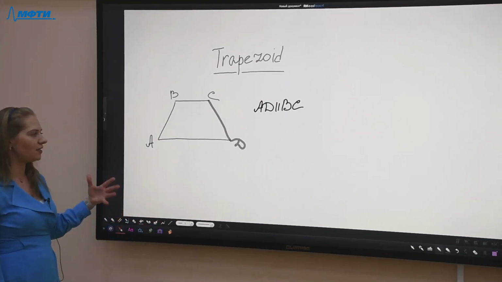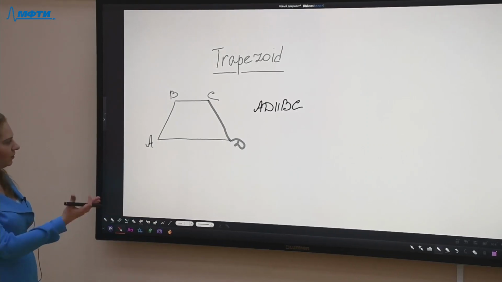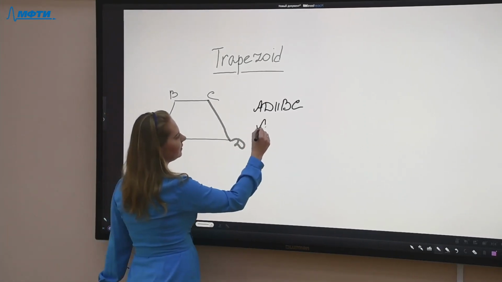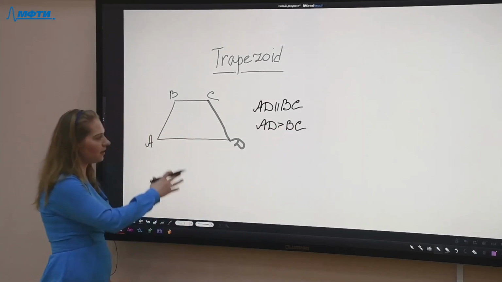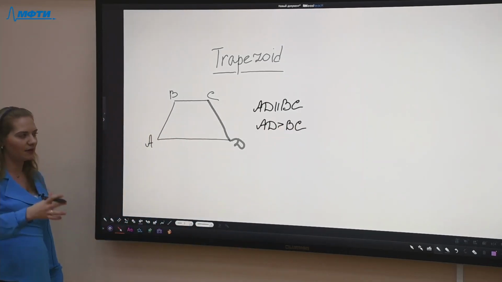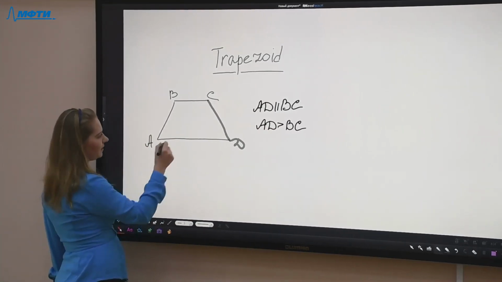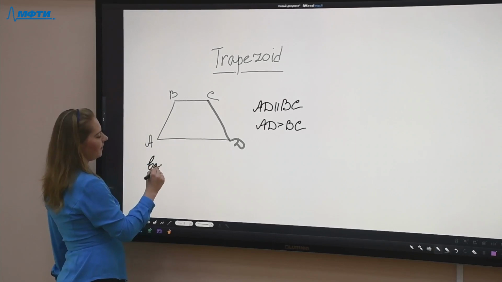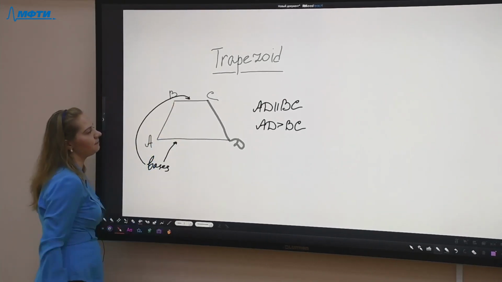So they cannot be congruent. Well, for our situation, we have that AD is greater than BC. And these two sides that are parallel are called bases of a trapezoid. So this is a base and this is a base.